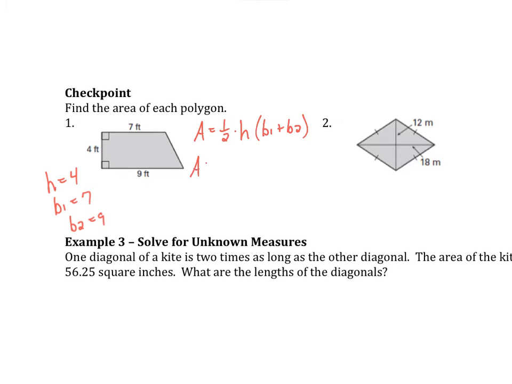So the area is going to be 1/2 times 4 times 7 plus 9. So 1/2 times 4 times 16. And 1/2 times 4 times 16 ends up being 32 feet squared.